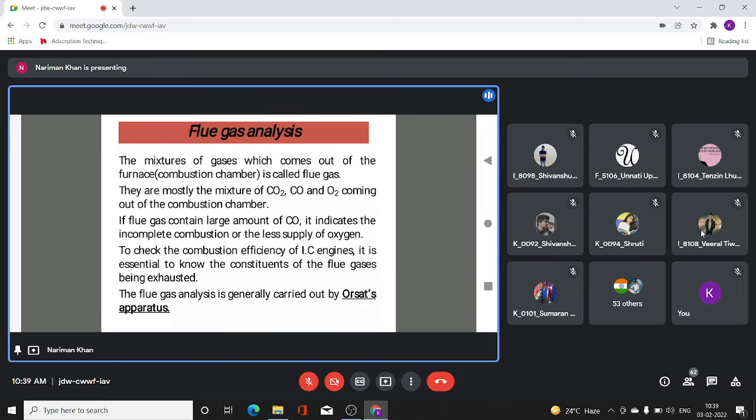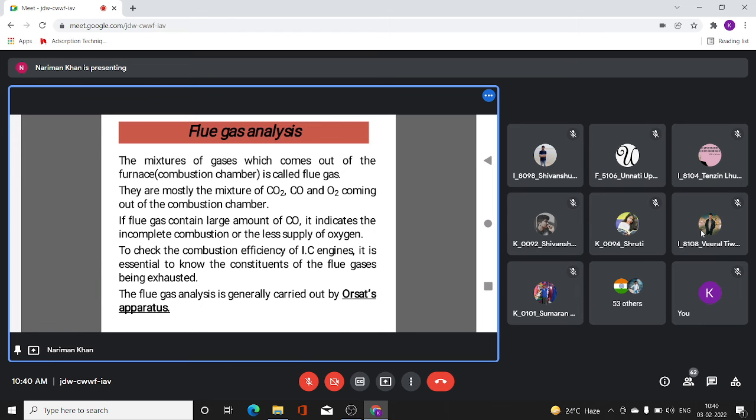So if we know the composition of the gas coming out from the furnace, we will be able to know the quality of our fuel. Complete combustion will always result in carbon dioxide. Incomplete combustion will always result in the production of carbon monoxide.